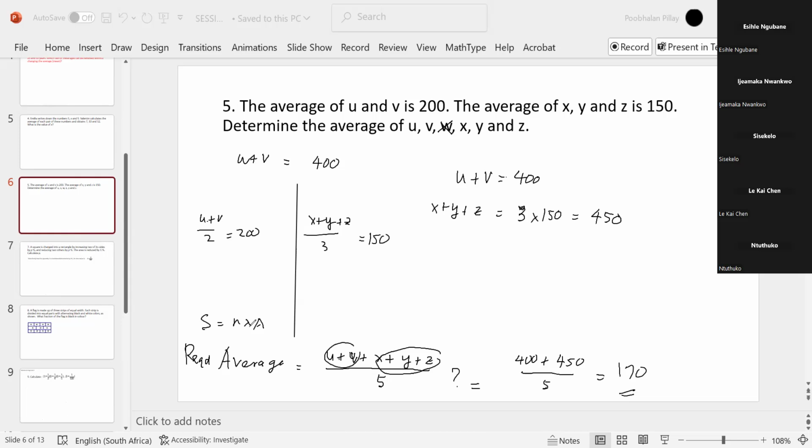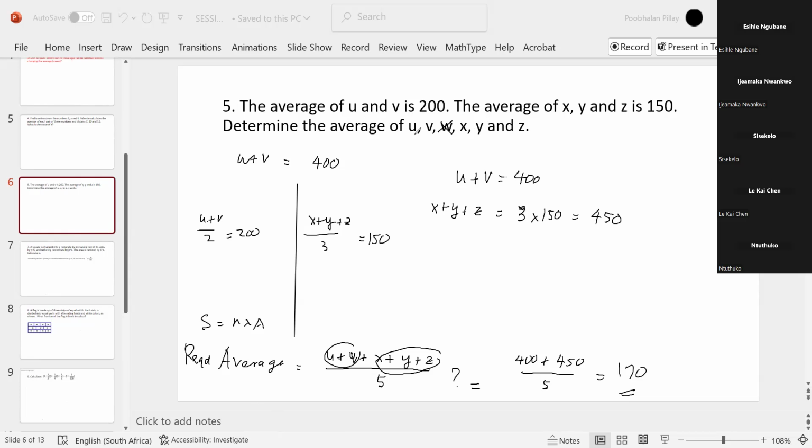Okay, so you can see we can do this systematically, but the important point here is that I took down the goal, determine the average. What is the question? And I put it down right at the bottom. So I know where I'm going to. It's extremely important to know what the question is so that you know whatever you do is directed towards that question and its answer that you're looking for.